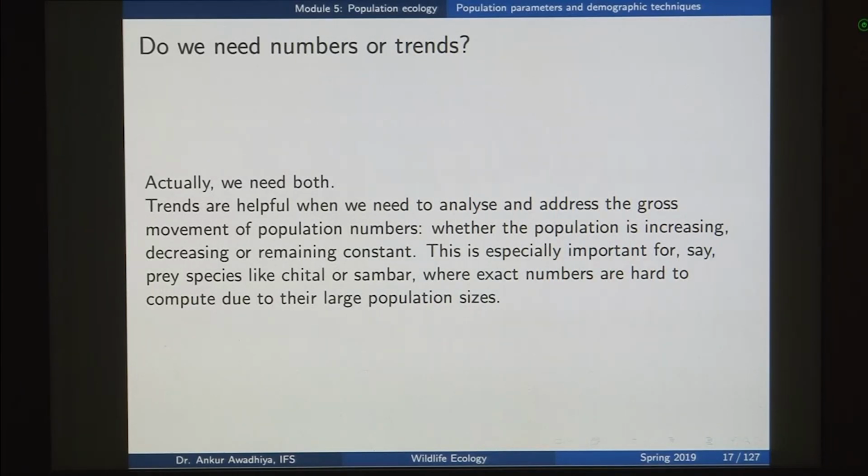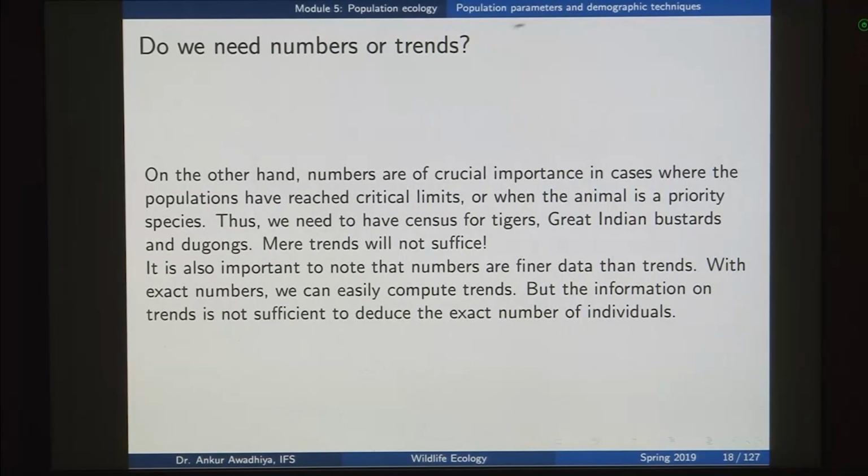So, for instance, in the case of prey species, you do not want to know whether there are 10,000 cheetals in your area or whether there are 10,010 cheetals in your area, but as long as you know that the number of cheetals is same or is increasing, you are happy. So, in that case, you do not have to go and measure and count each and every cheetal, whereas for some other organisms such as your critical species like tigers or dugongs, you would want to know the exact numbers.